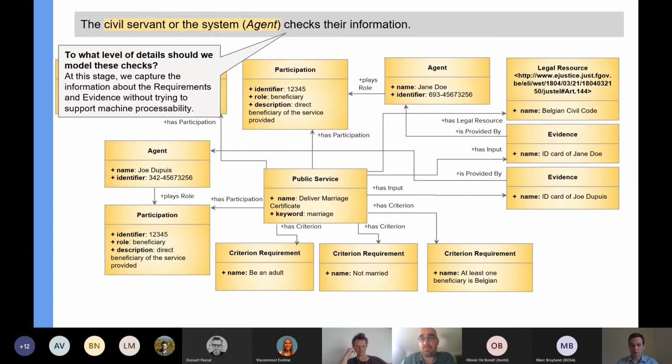Pascal, you want to react, and then I have a question for the audience. Go ahead. Yes, maybe something that might be interesting to look into in the context of the single digital gateway. There is a plan, I don't know how far it has evolved, to set up a system between all countries to exchange evidence.